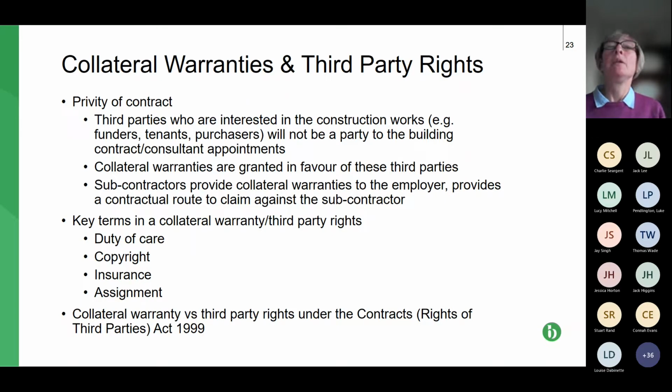But as you'll appreciate, and as is covered in this second bullet point, various third parties often have a huge, and often financial, interest in construction works.